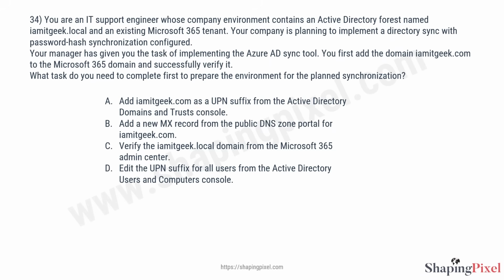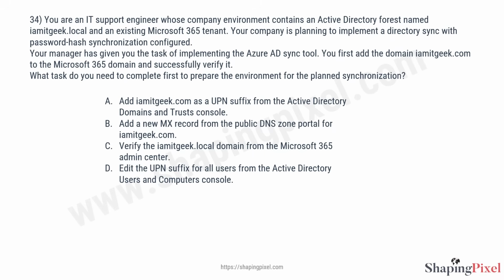And we have the following four options. Option A, add imitgeek.com as a UPN suffix from the Active Directory Domains and Trusts console. Option B, add a new MX record from the public DNS zone portal for imitgeek.com. Option C, verify the imitgeek.local domain from the Microsoft 365 admin center.